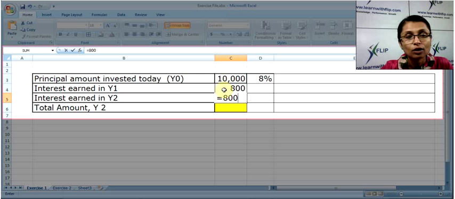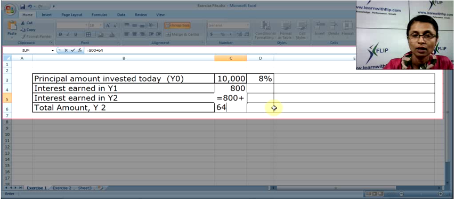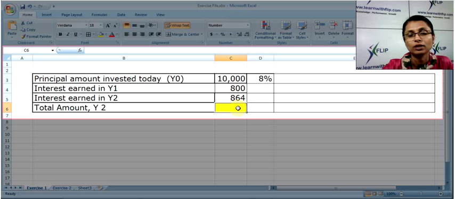Yes, we're also earning 8% on the interest we earned in the first year. So, 8% of 800, that is 64 rupees, is the interest earned on previous interest, a process called compounding. And therefore, in the second year, we are earning interest of 864.